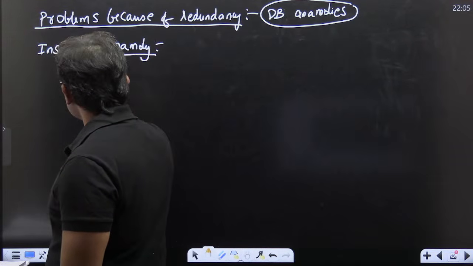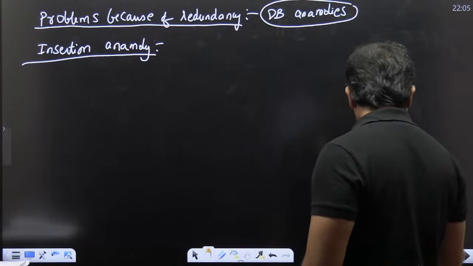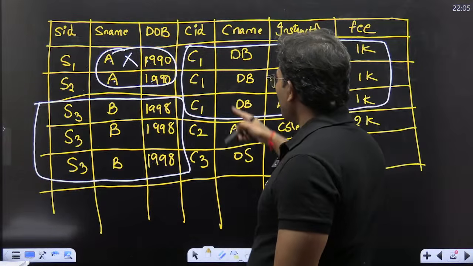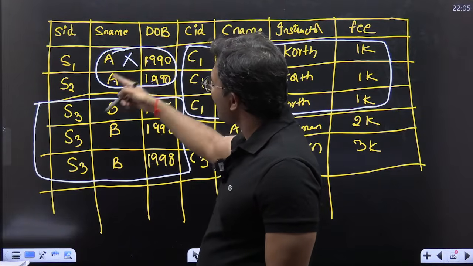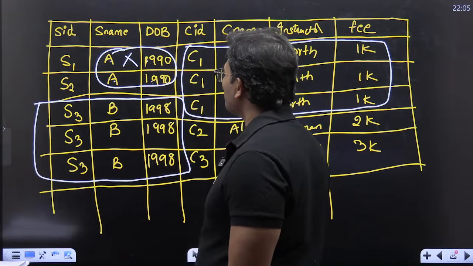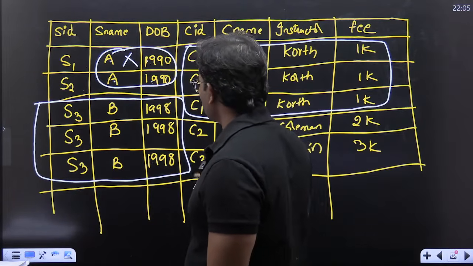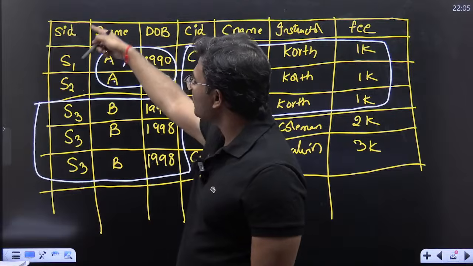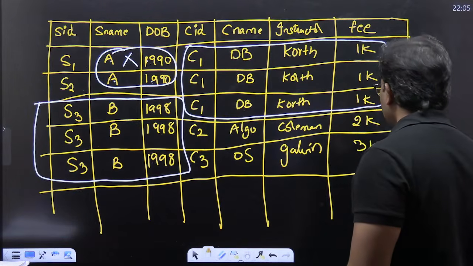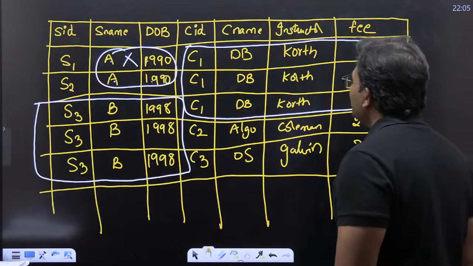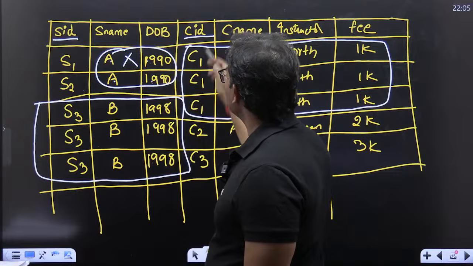What we mean by insertion anomaly is, if you have to insert a course, for example in the previous example, I cannot insert it without having a student enrolled for the course. Every row here, if any course has to be added, it has to be enrolled by at least one student, otherwise the course cannot be added. And here the key is SID and CID put together.